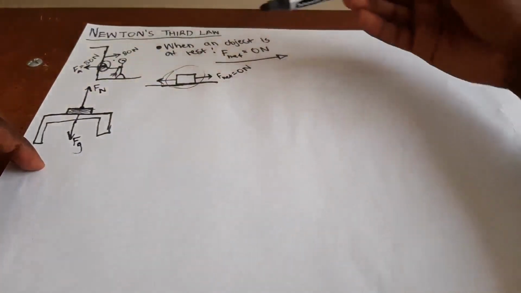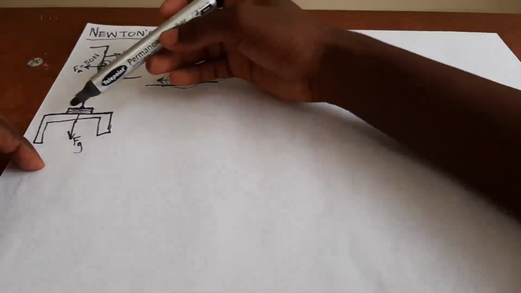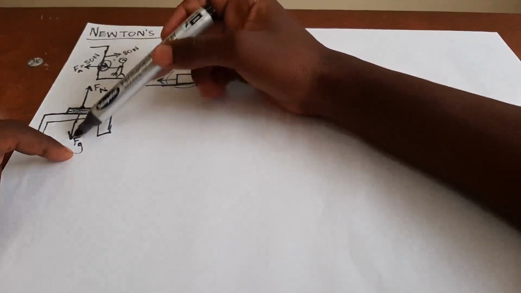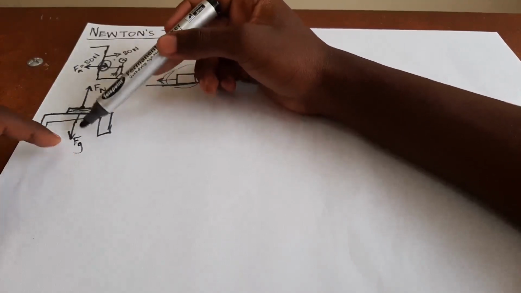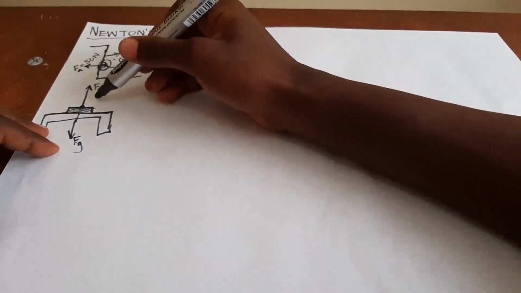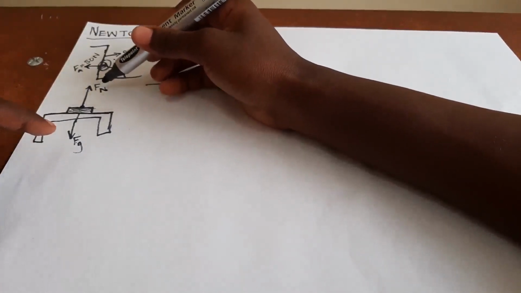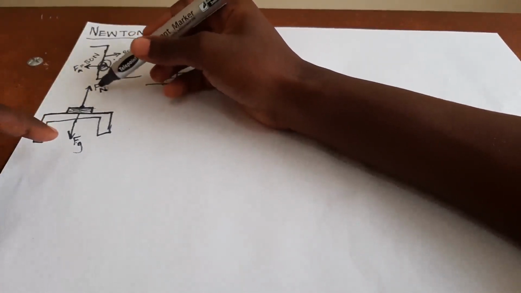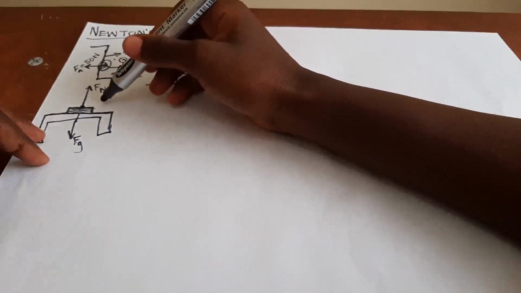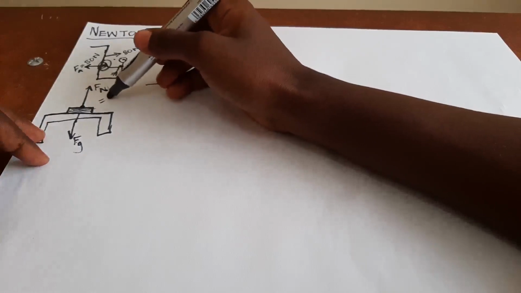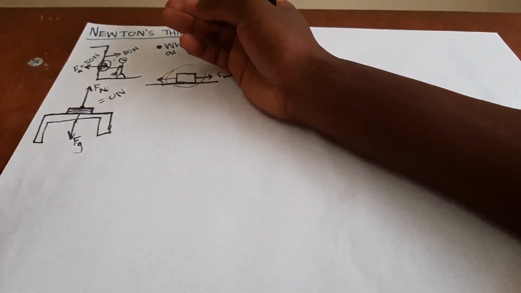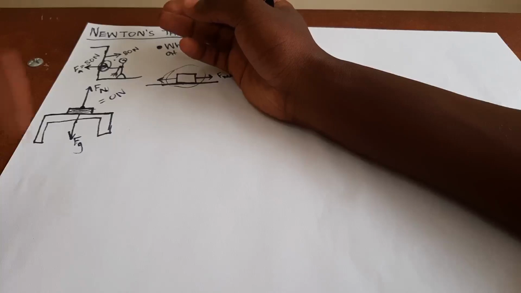The reason why this book is not falling downwards, or flying, is that the normal force and the gravitational force are at equilibrium, meaning the net force is equal to 0 newtons.